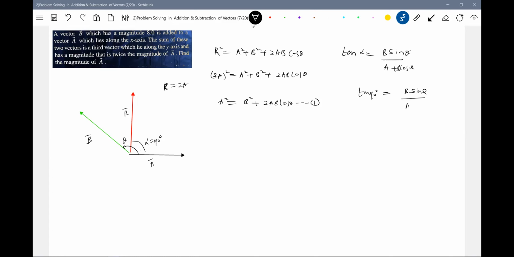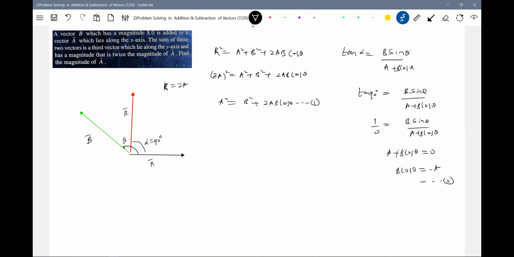Now you see this. Tan 90 will be infinity or 1 by 0. So therefore, A plus B cos theta equals 0, or B cos theta equals minus A.